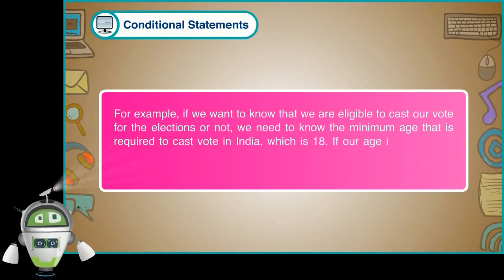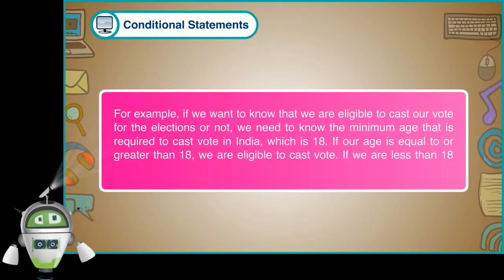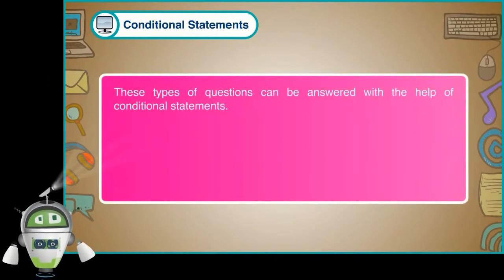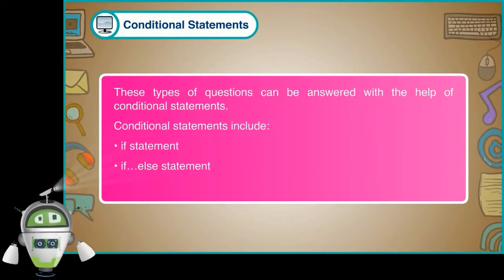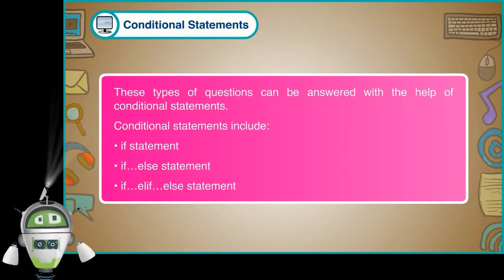If our age is equal to or greater than 18, we are eligible to cast a vote. If we are less than 18 years old, we are not eligible. These types of questions can be answered with the help of conditional statements. Conditional statements include the if statement, if-else statement, and if-elif-else statement.